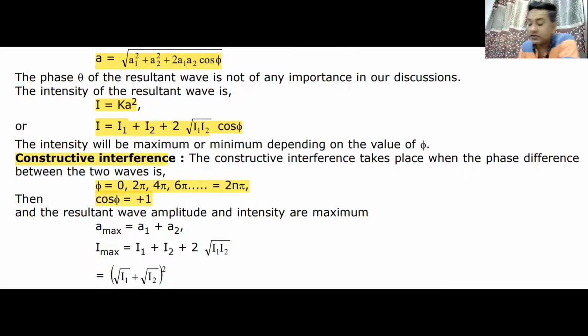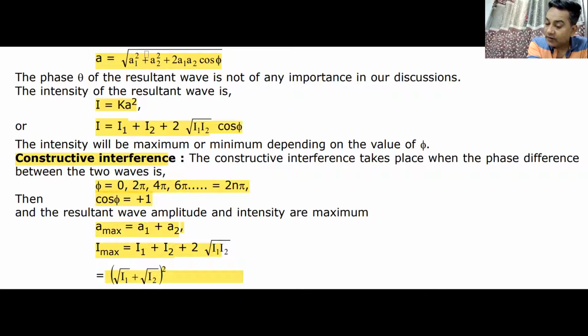The value of cos theta becomes 1. The maximum amplitude becomes A1 plus A2, and the maximum intensity becomes (root I1 plus root I2) whole square. I guess you remember this. Yes or no?